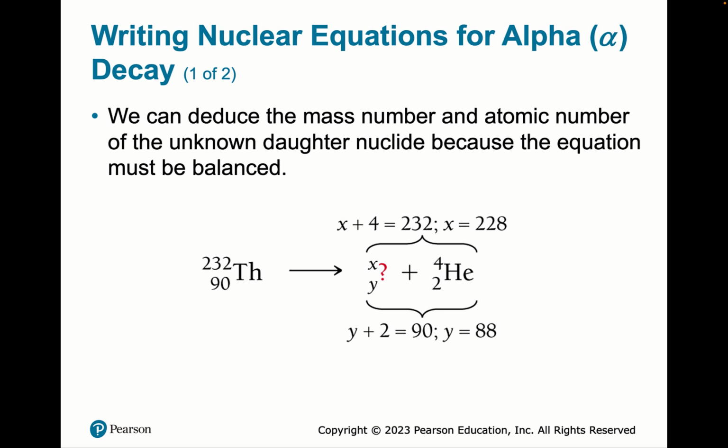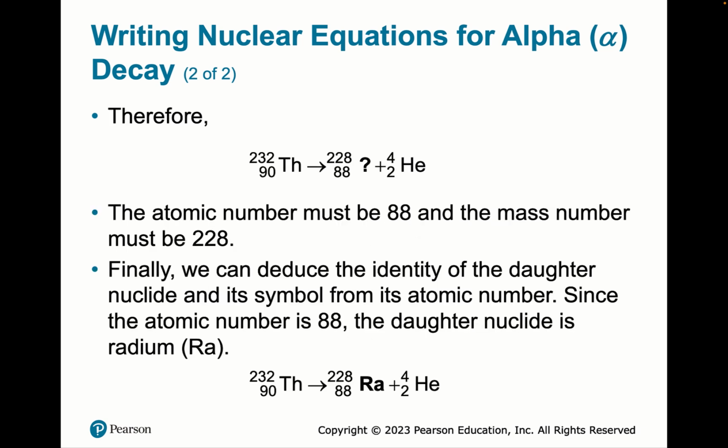So we're going to lose 2, so it's going to be 88, and then the mass number is 228, because 232 minus 4 is 228, and of course 90 minus 2 is 88. So we just have to look in the periodic table to see what element number 88 is, and it's radium. So that's what you have to do, is look at the periodic table and find whatever element number 88 is.